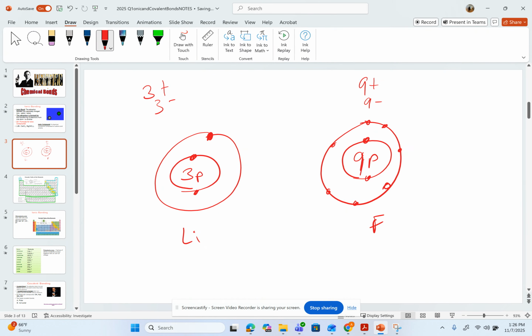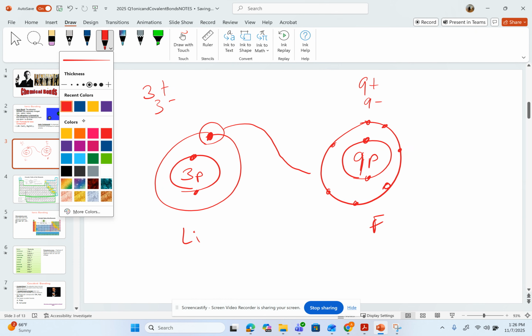To be stable, atoms want to have 8 valence electrons on that very last energy level. So what's going to make lithium happy is to lose this 1 valence electron, and this fluorine atom is going to gain it.